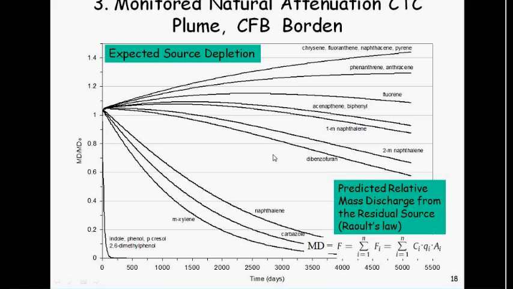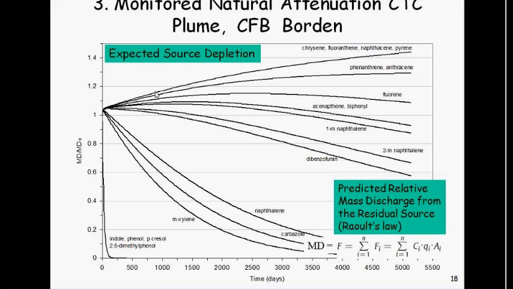It's an interesting curve. Our general expectation is that over time, as the chemical dissolves, its concentration becomes less and less. Mass is being put into the water. So for chemicals like phenol, which are very soluble, it should leave the source very quickly. Naphthalene is the least soluble of these lower ones, and so it will leave last. The surprise for many of us was, in fact, that the concentrations of some chemicals, or the mass discharge of some chemicals, goes up over time. And nobody expects that.